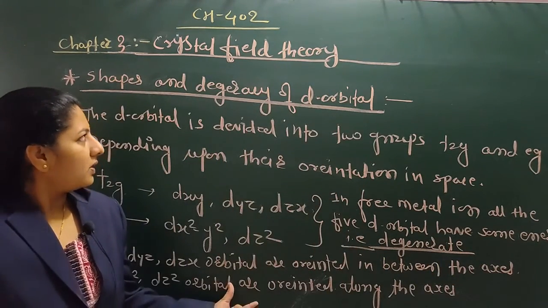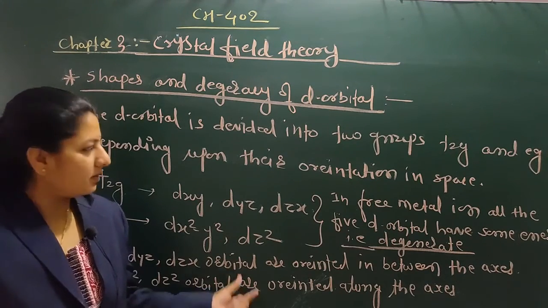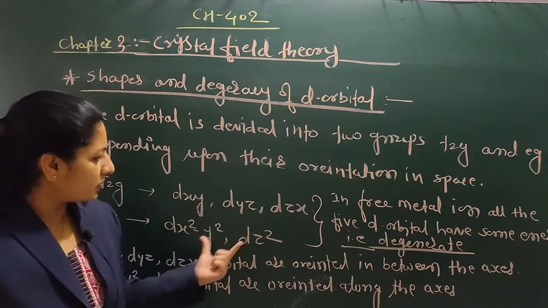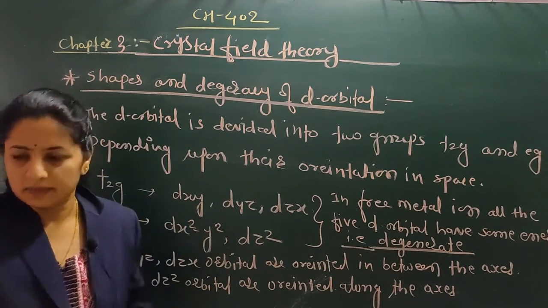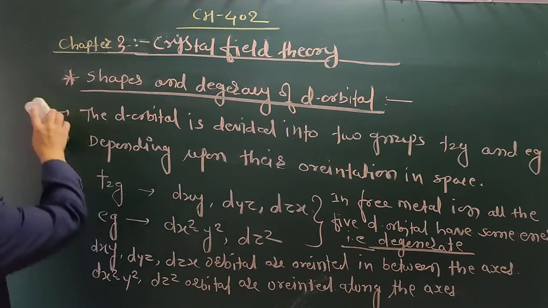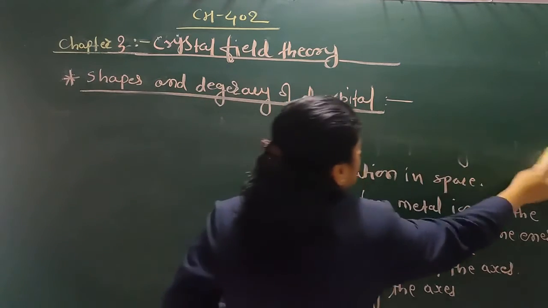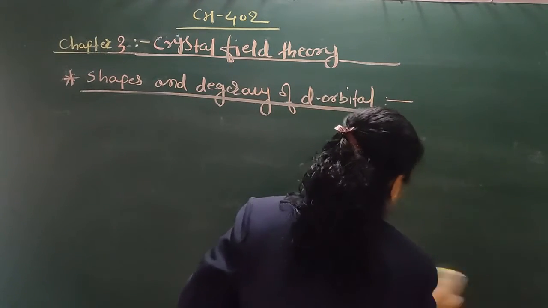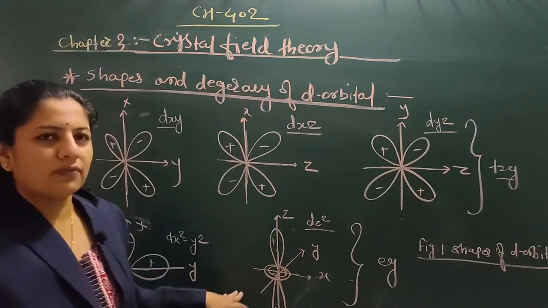So this is all about the degeneracy of d orbitals. Now, what are the shapes of those orbitals? Because different orbitals have different shapes, as t2g and eg orbitals have different shapes. Let's see. So these are the different shapes of d orbitals.